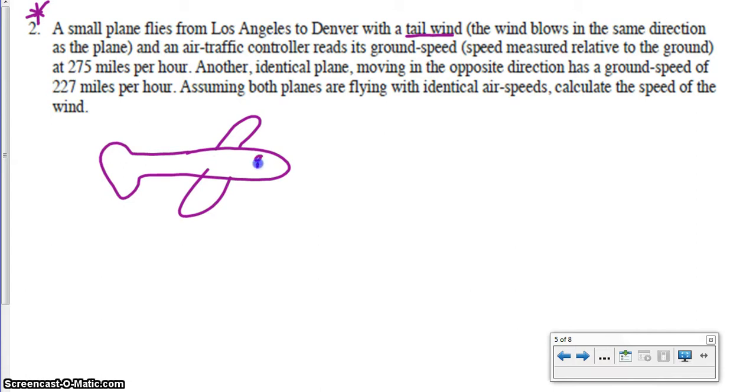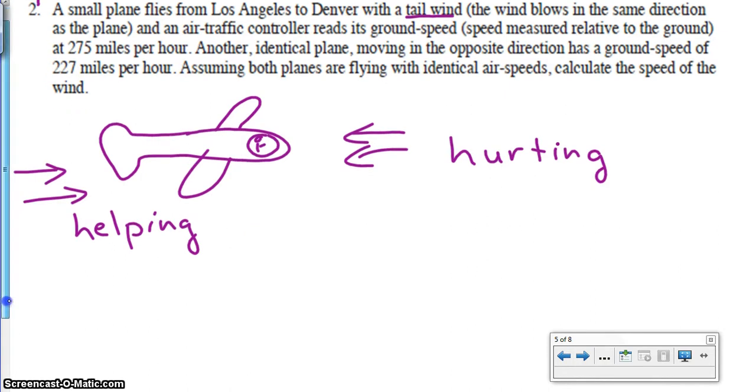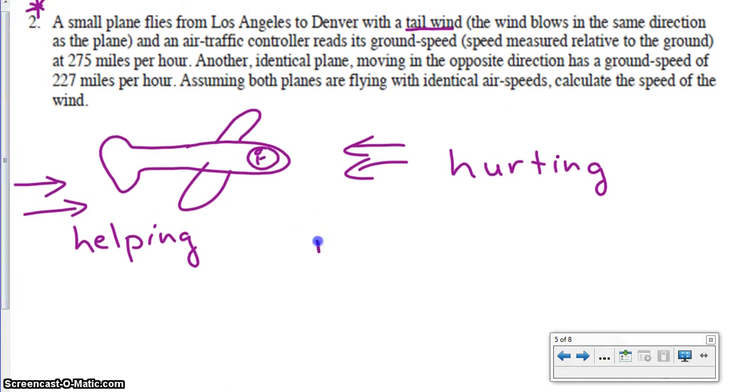Here is Mrs. Rose flying her favorite plane, okay? When she has a tailwind, it is helping her. But when she has a headwind, it is hurting her. Okay? So, my rate plus the wind helping me actually has 275 miles per hour.